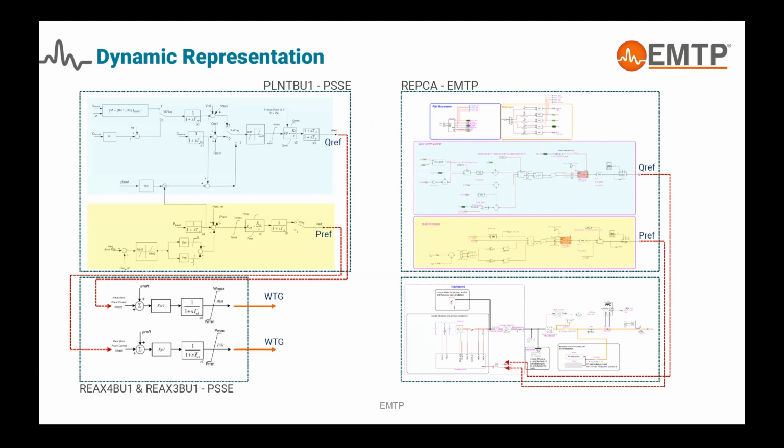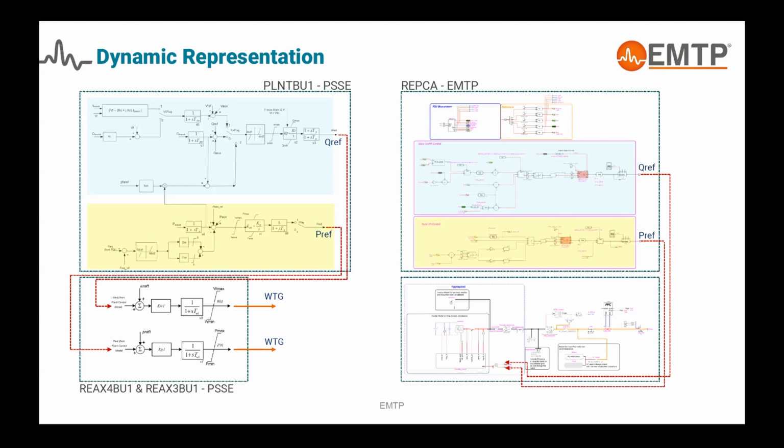These signals go directly to this auxiliary component, right? And this auxiliary component will split the signal and send the equivalent signal to each equivalent generator, right? Here in EMTP, because we are just using a single machine representation, these signals go directly to this equivalent inverter model.